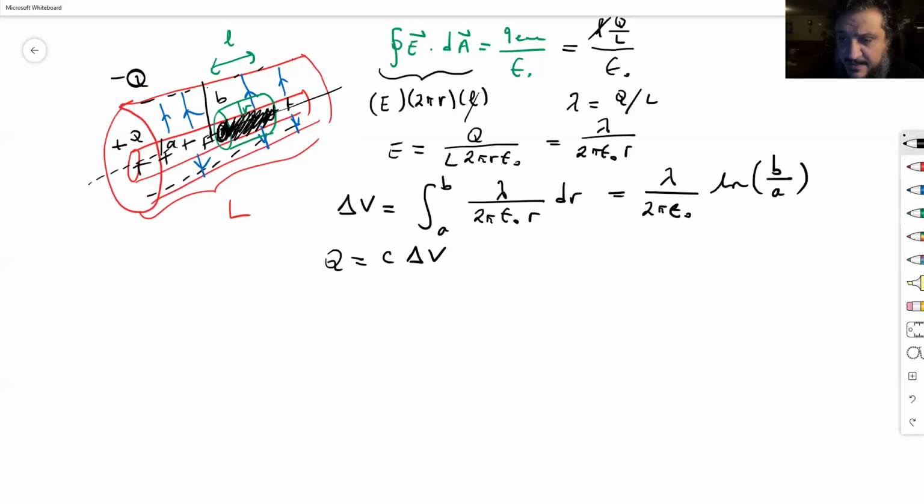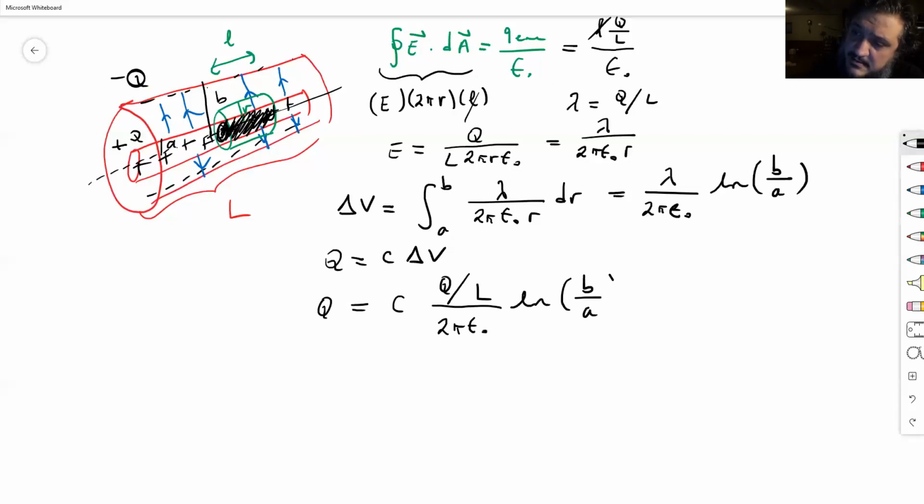A, B, and L are the physical dimensions of this capacitor, and they will matter in determining what the capacitance is. All right, so the total charge on the left-hand side is equal to C times, now we can plug in Q over L again, Q over L divided by 2 pi epsilon 0 ln B over A. All right, so Q's cancel.